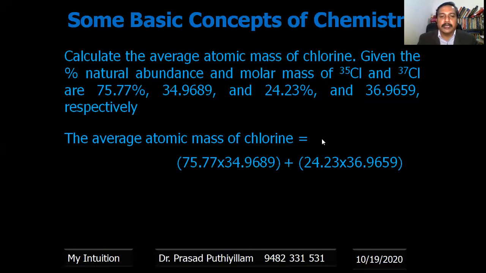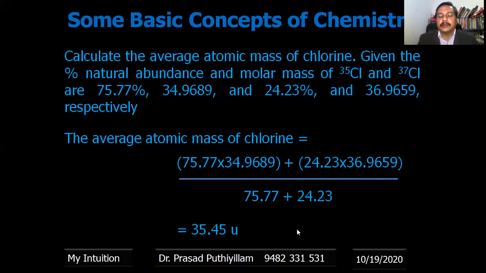Straight away we can calculate it: 75.77 is the percentage of chlorine 35, whose molar mass is 34.9689. So 75.77 multiplied by 34.9689 plus 24.23 into 36.9659 divided by total, that is 100, that is 75.77 plus 24.23. So the value will be 35.45.